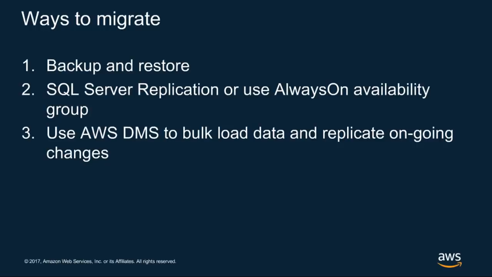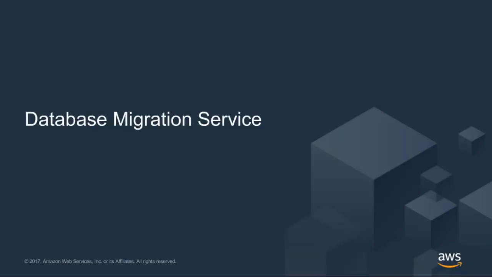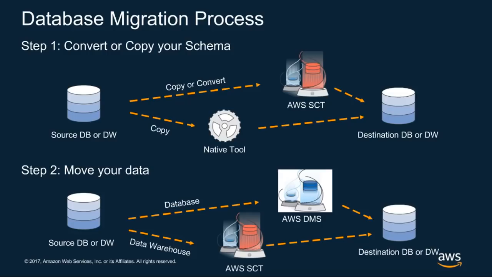Because DMS reads data like any other application reads data from a database, it's able to read the required data appropriately, and it's able to securely migrate that data using all of the awesome security features that AWS exposes, along with the SSL protocols that SQL Server supports, and move it securely and quickly into AWS.